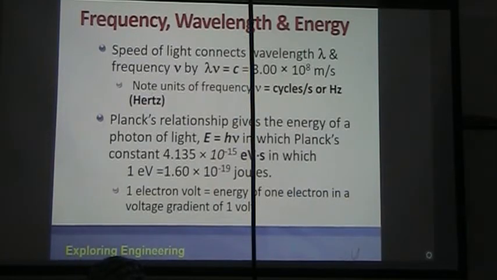All right, so our speed of light connects our gamma, which is the wavelength, and our frequency, which is nu. You may not be able to see that, that is a funny looking V. It's the Greek letter nu.